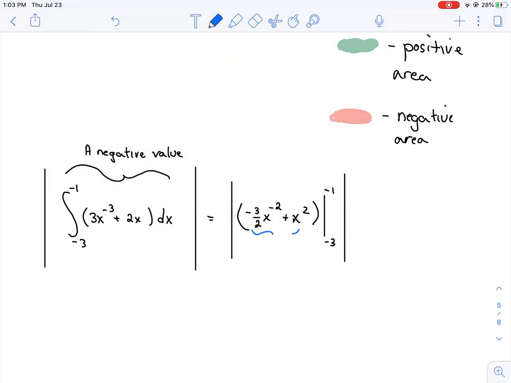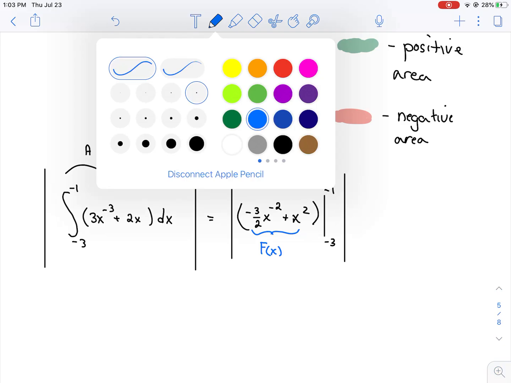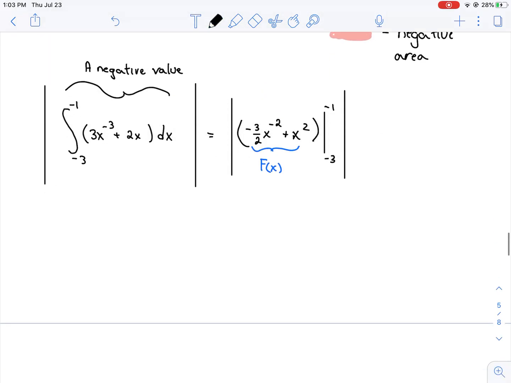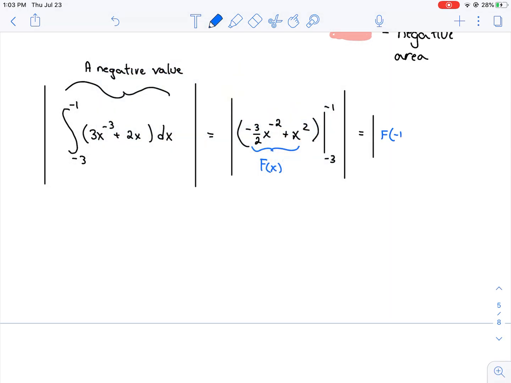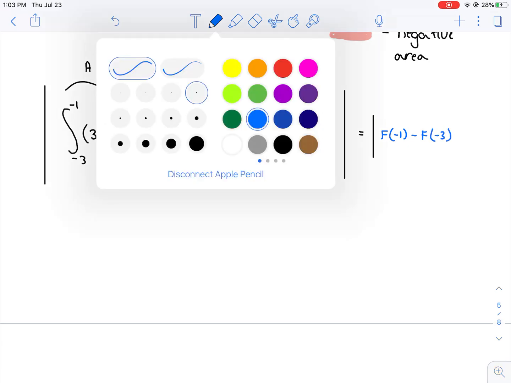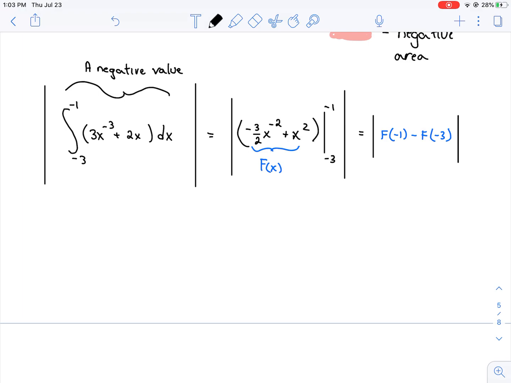Okay, so the expression that was just created is an antiderivative of the given function. So this is equal to the absolute value of capital F of negative 1 minus capital F of negative 3.